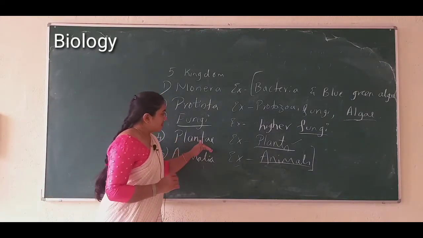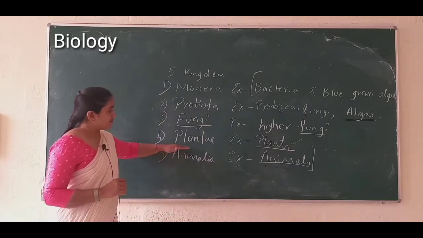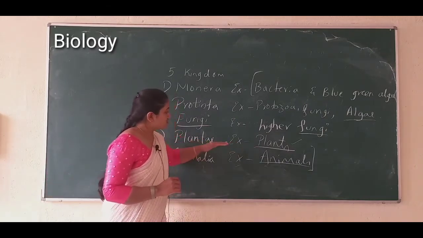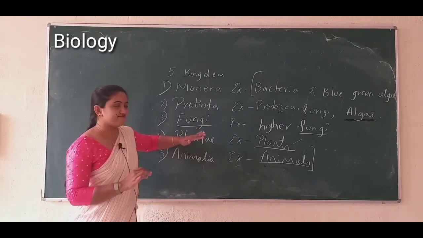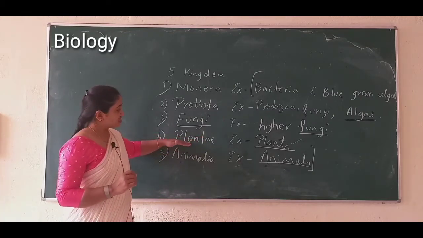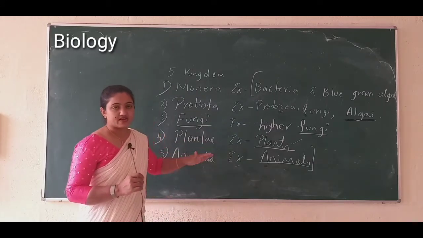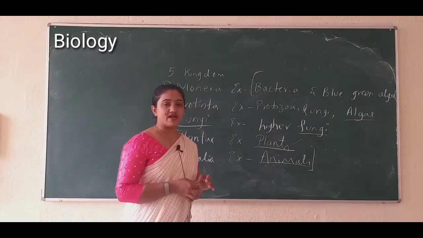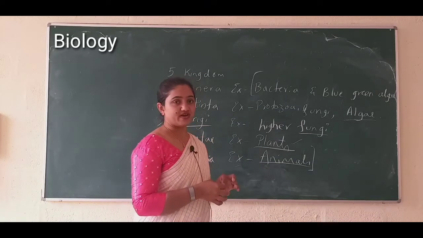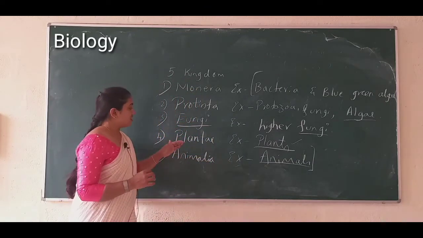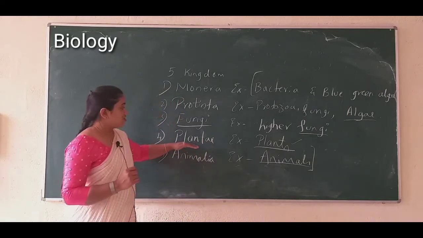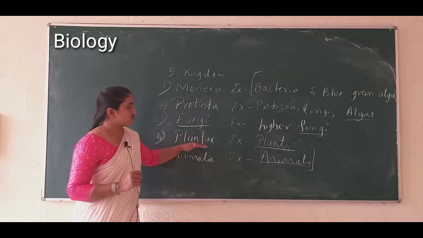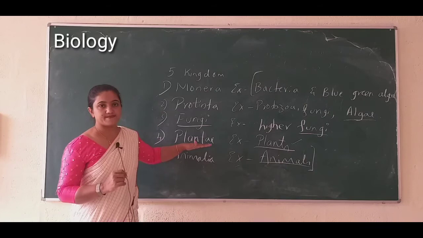Okay, so Plantae and Animalia. I would like to tell you 3 more, a very vast classification which comes under kingdom Plantae, that is Angiosperm, Gymnosperm and Pteridophyta and Bryophyta. Actually 4 I should tell. So the 4 big, very vast classifications of kingdom Plantae we are going to study in this.